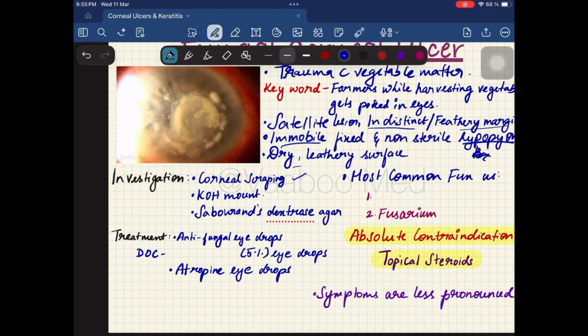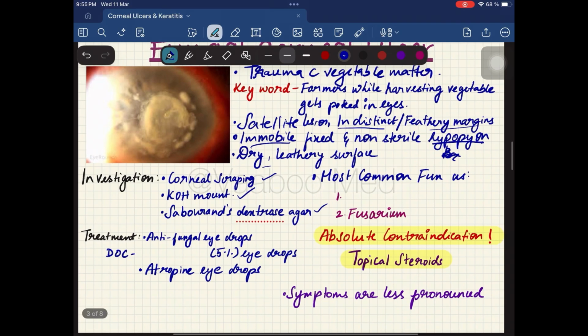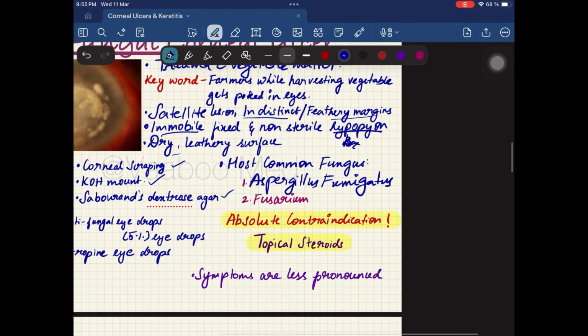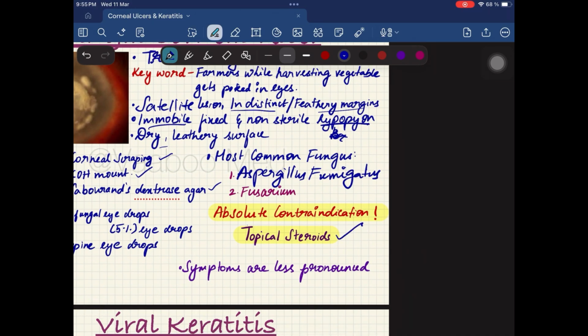For investigation, we can do corneal scraping, KOH mount, dextrose agar. The most common fungus to cause this kind of ulcer, and most question papers have this kind of option, is Aspergillus fumigatus, or Fusarium can also be seen. In this case also, topical steroids are an absolute contraindication.